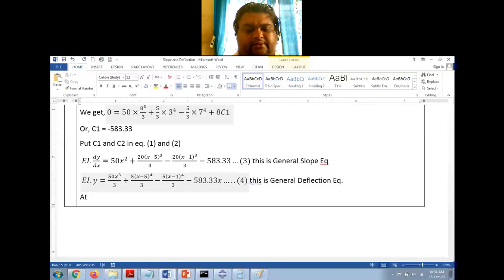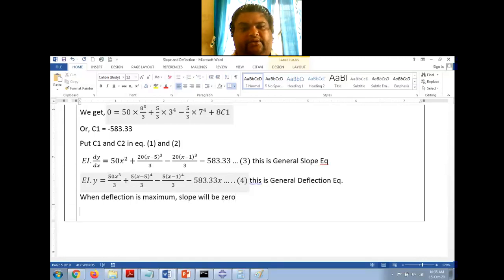At, or I'll write another boundary condition, when deflection is maximum, slope will be 0, right?